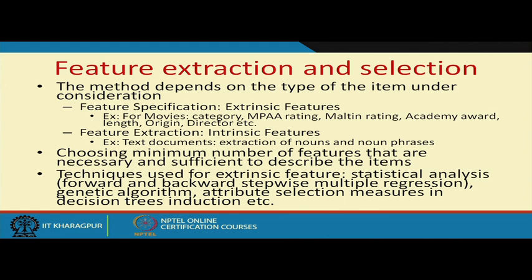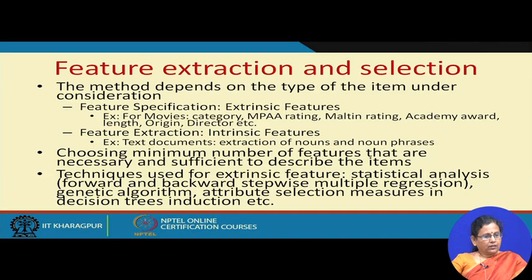Now, choosing the minimum number of features that are necessary to describe the item is also important to figure out. Finding the right kind of features and the right number of features is again an iterative procedure, and some machine learning tools and statistical tools can be used for this purpose.